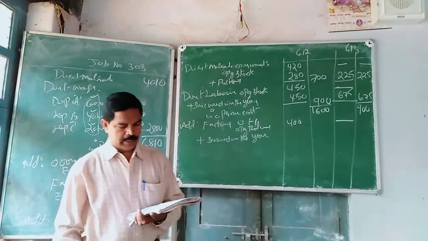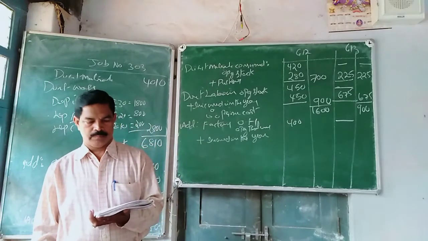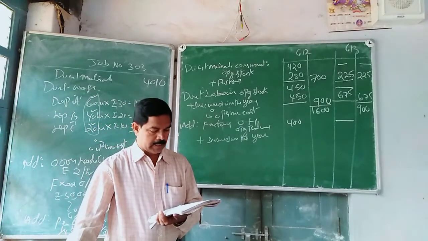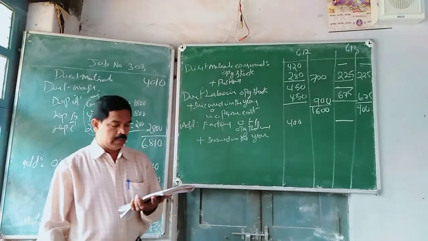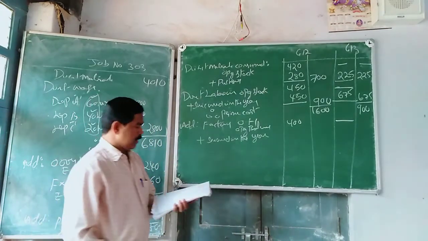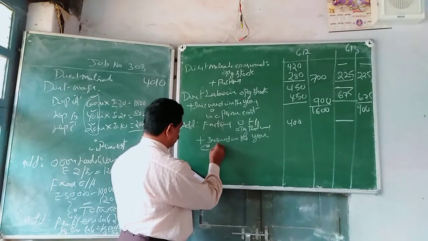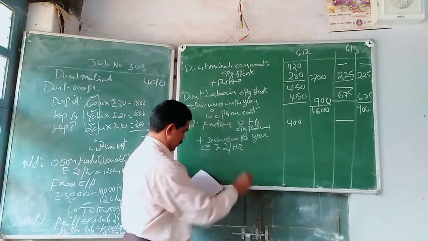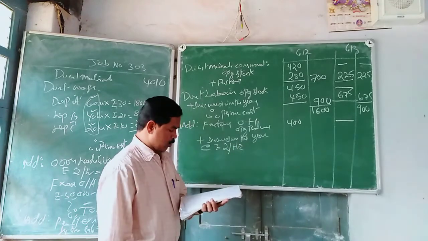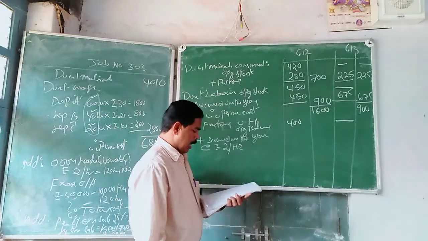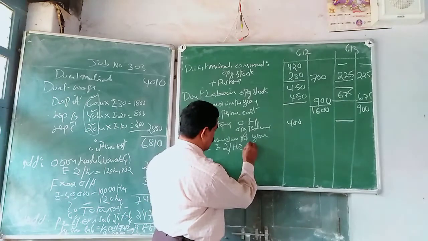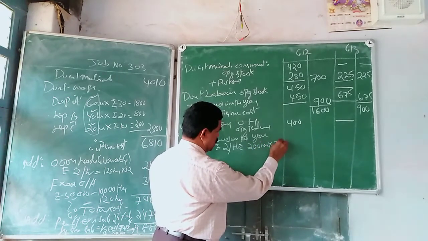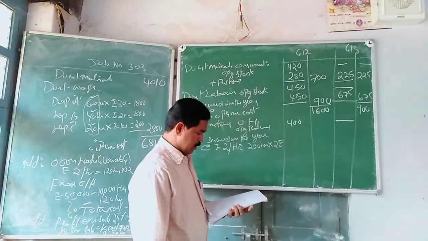It is calculated on the basis of hours spent by the job. It is given that the rate is rupees 2 per labor hour. Job number 612 has taken 200 hours, at the rate of rupees 2, so it is 400.